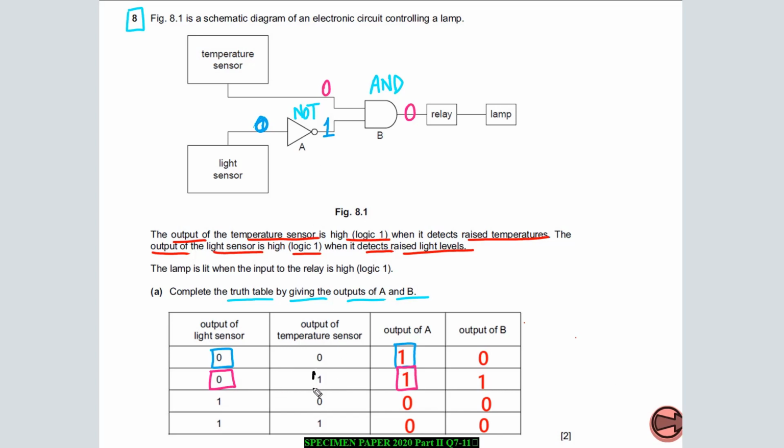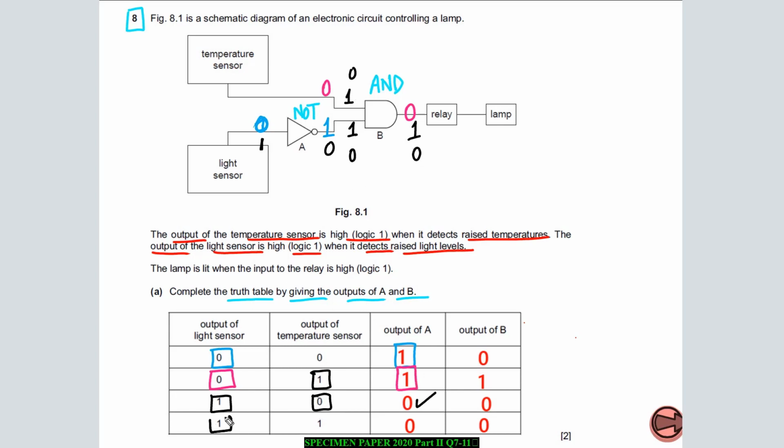Now when this is 1 and that is also 1, this has to be 1. And when this is 1 and here has to be 0, this is 0. The next one, we see these two are 0 and 0, so this will be 0.